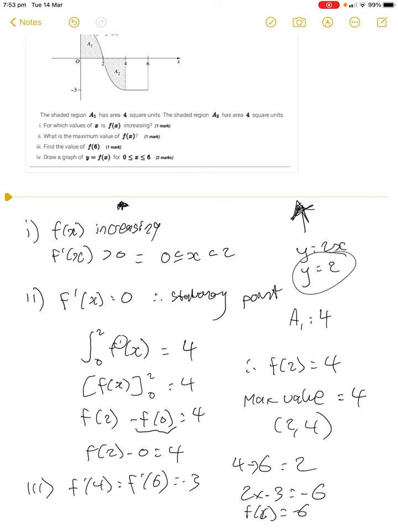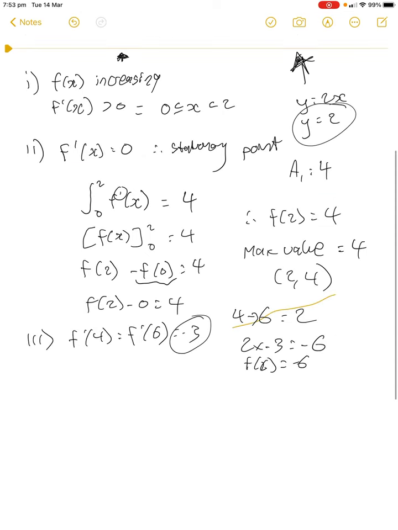That gradient is -3. We know it from the graph. We know that f dash of 4 is equal to -3, the value of the gradient at that point, and it's the same at 6. Because from 4 to 6 is constant, it's going to go down -3, down -3 to a total of -6.